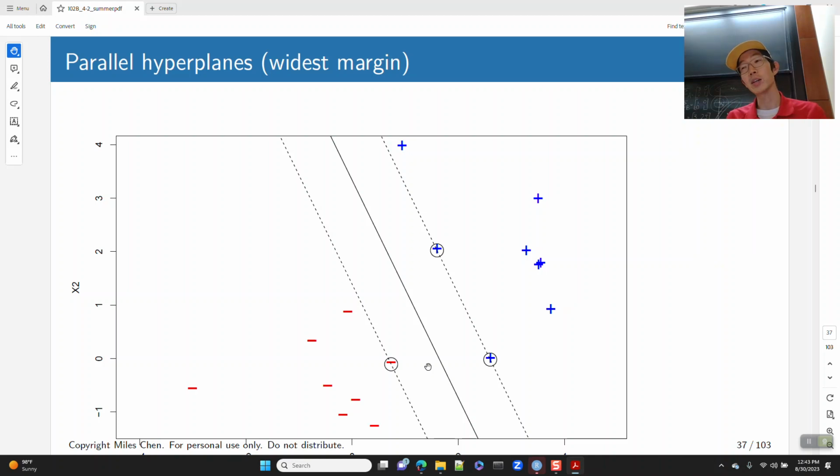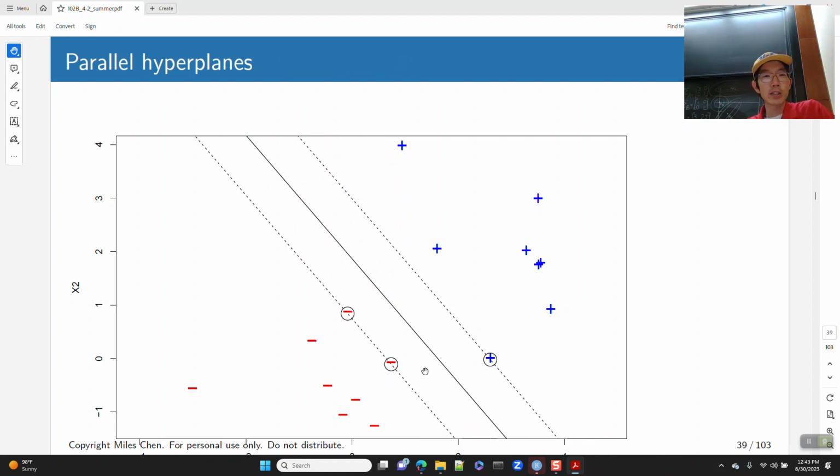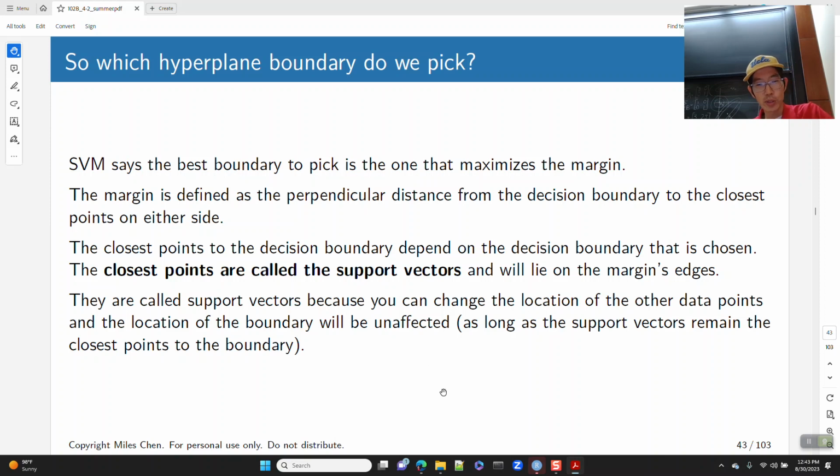And if you think of points as vectors, which is another way to think of these locations, especially in higher dimensional space, we can say this coordinate can be treated as a vector. These are the vectors that support this boundary. These are the support vectors. That's what they're called.